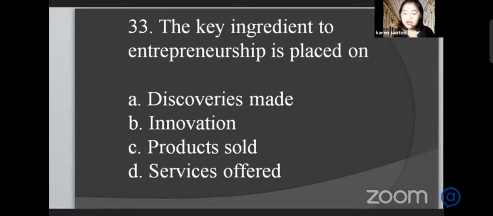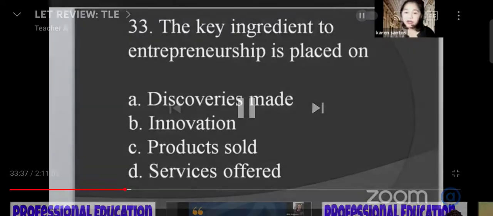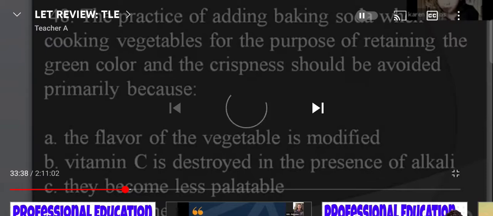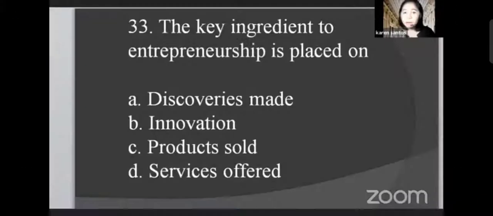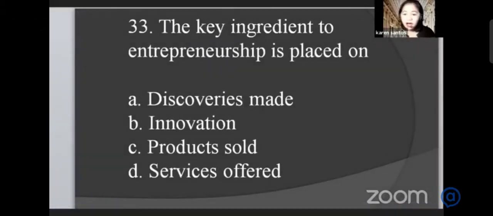Okay, the correct answer in question number 33 is letter B, which is innovation. In business and entrepreneurship, it is important that you are highly competitive in the world that we live in. Innovative ideas are what will separate you from the rest.